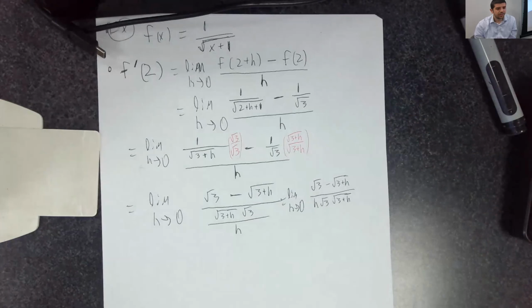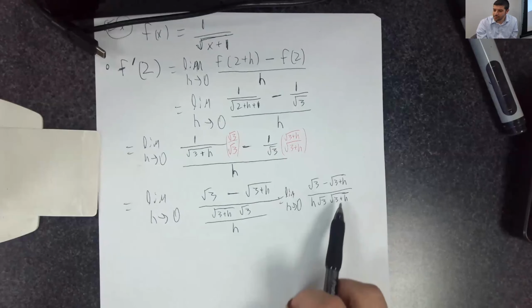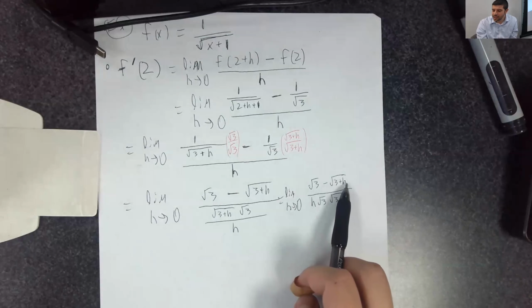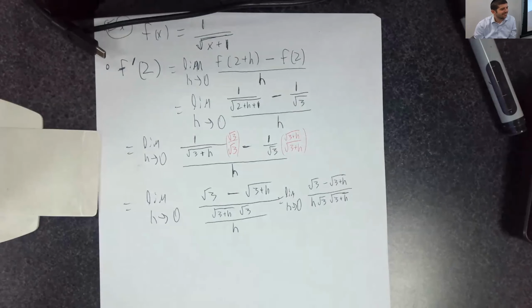So that's where I get up to just combining fractions. What's the next step? How do I simplify this? How do I go further? I can't cancel anything yet, unless you do that crazy thing where you're like, oh, rad 3 plus h there and rad 3 plus h there, let's just cross them out.